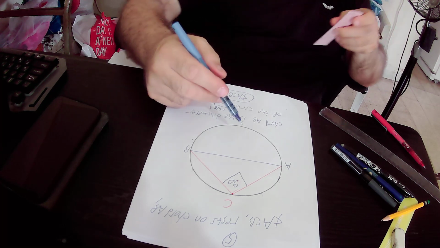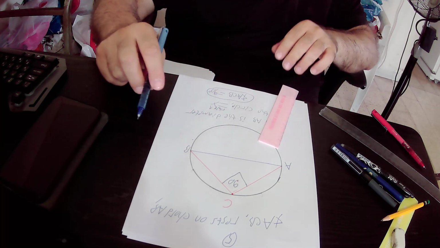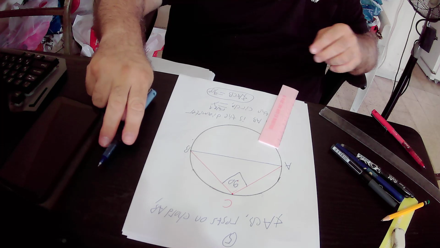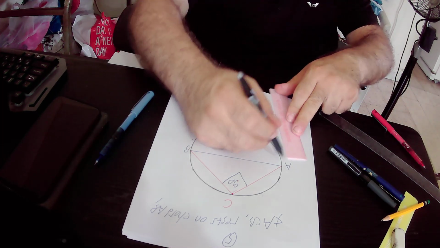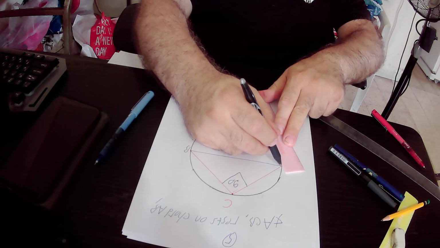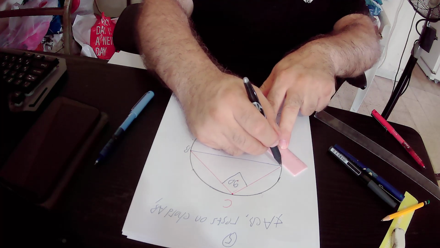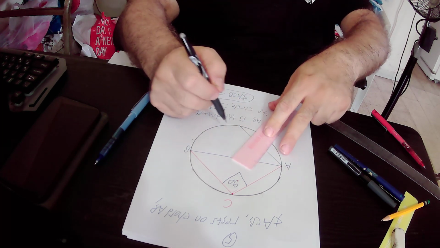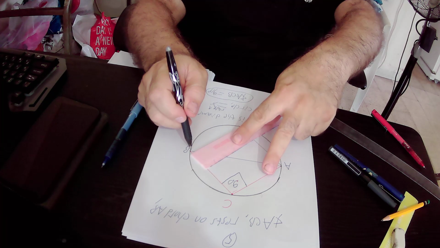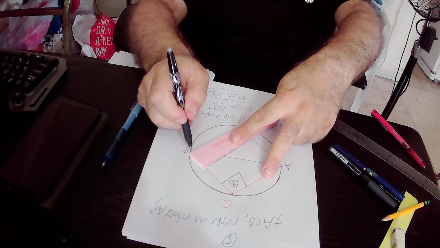If we draw another peripheral angle that rests on the diameter of the circle, according to rule number 1, it also will be equal to 90 degrees.